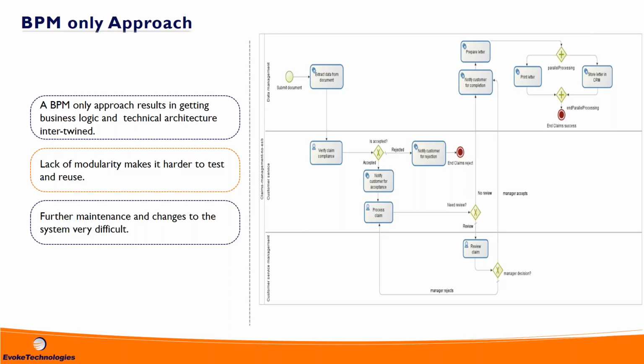What you're seeing on the screen is a typical process flow diagram for something like that, where you would get a document submitted as the initiation of the process, and the data in that particular document needs to be extracted, which is in the process itself now, and then it moves on to verifying the parameters, and then the rest of the steps follow as we have discussed. And towards the end, probably printing the approval or the rejection letter and sending it to the customer.